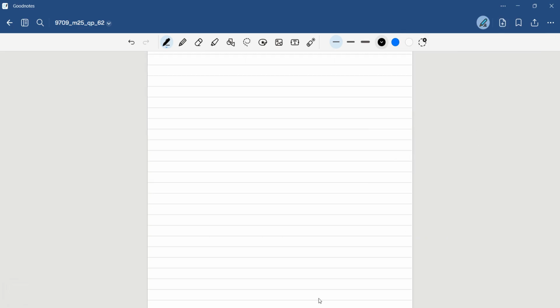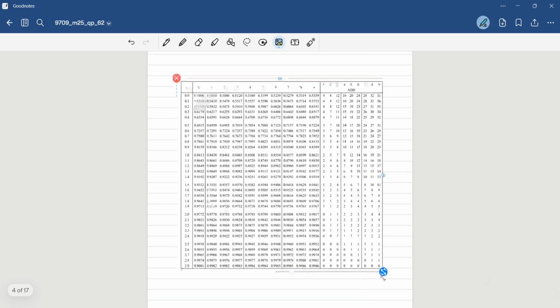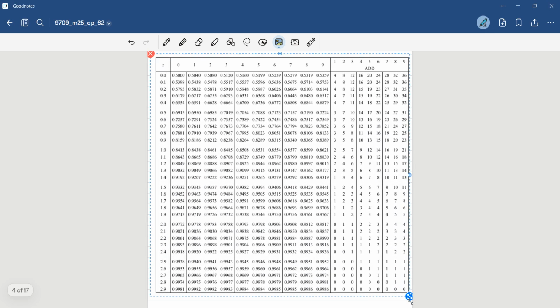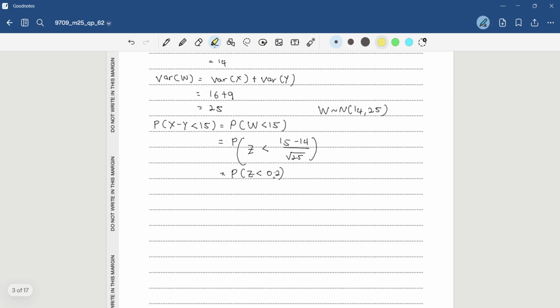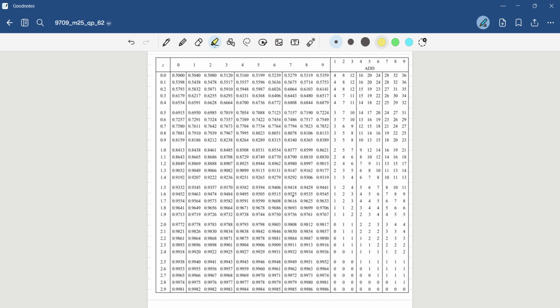So maybe I can just put in my normal distribution values here. Just now I got z score less than 0.2, so here it's going to be 0.20.